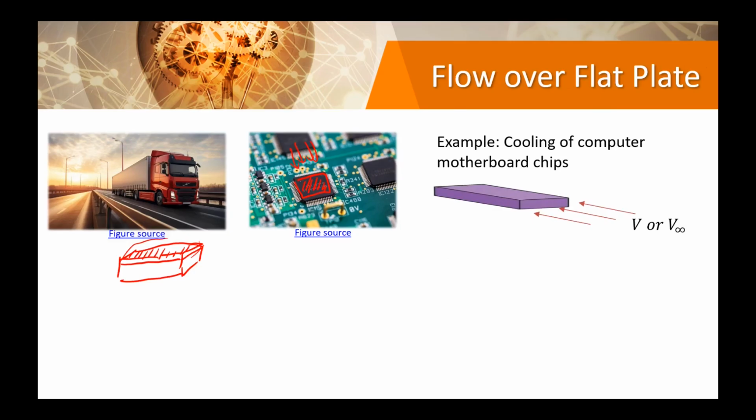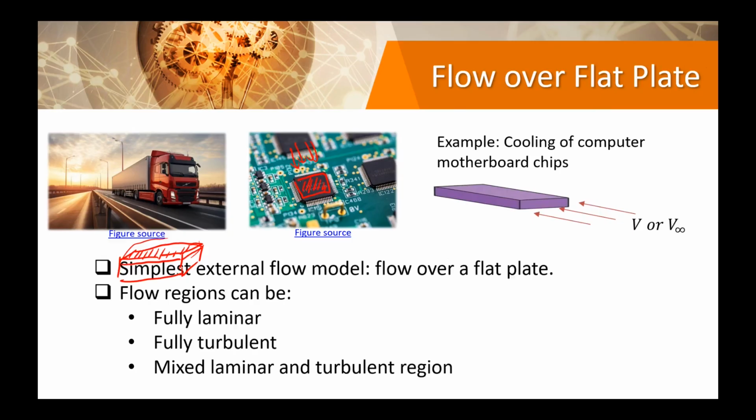Okay, now in a flat plate, you will have velocity of fluid moving against the plate, right? Parallel to the plate. So this way, like so. And this sort of interaction of the fluid over the surface will create flow regions.